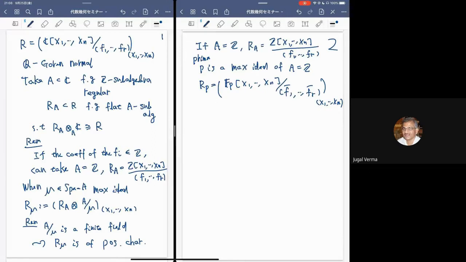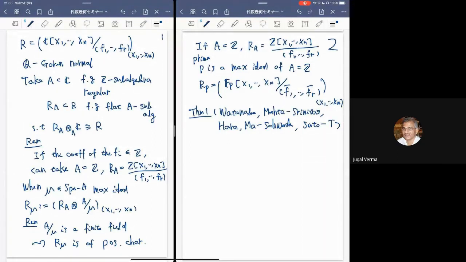Then the following is today's main result, Theorem 1. This is a combination of results of Watanabe, Mehta–Srinivas, Hara, Mehta–Schwede, and Sato and myself.